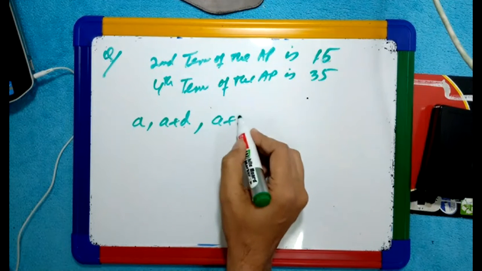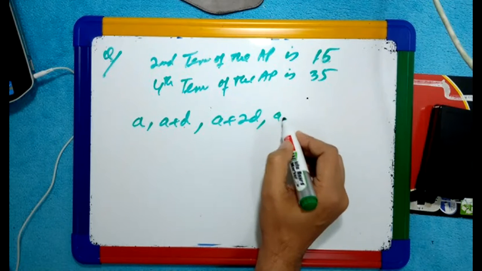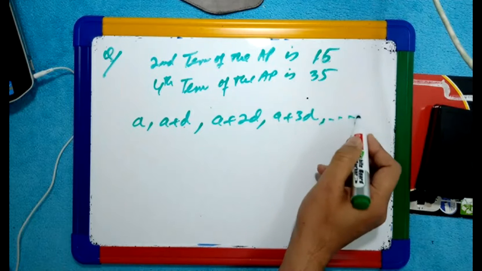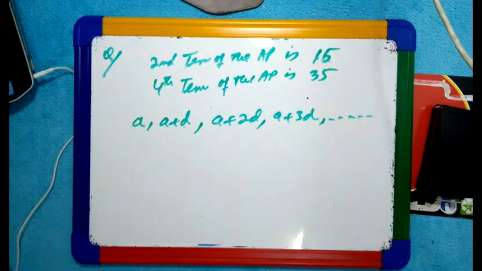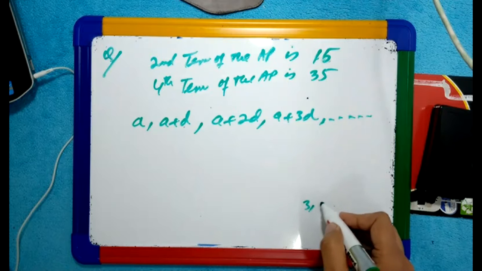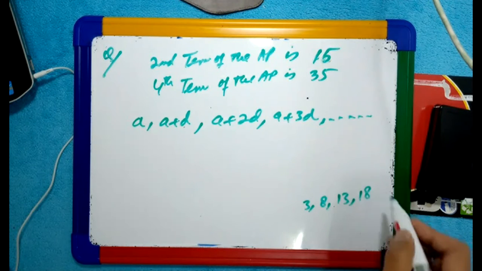Like this, it continues, because every time we add the difference, we get the next one. For example, if I say 3, 8, 13, 18, what is the difference? 5.